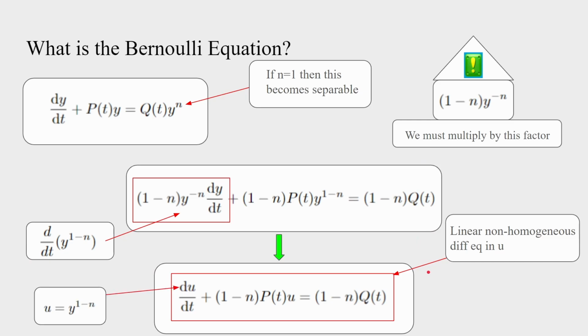So u is y to the 1 minus n, and you find out that this is just the derivative of y to the 1 minus n, which is this: d/dt of u, du/dt. This cleans this up. It doesn't become some mess, it becomes u. And now this becomes, guess what? Integrating factor, first order differential equation. Let's rock out.